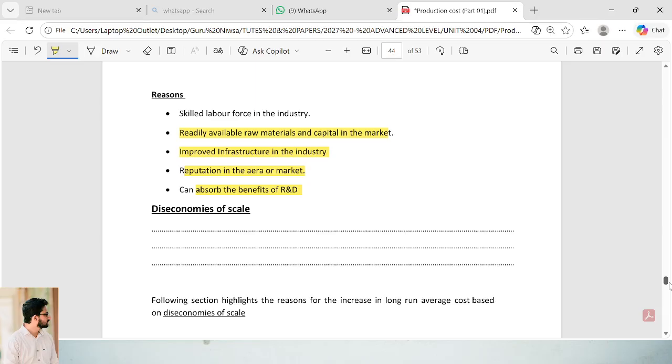When an organization expands its production capacity too much beyond a particular level, these problems automatically happen in the production process. Due to these inefficiencies, long run average total cost starts to rise.